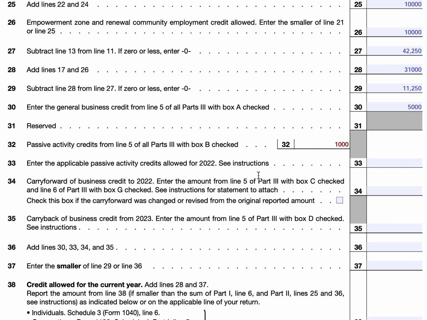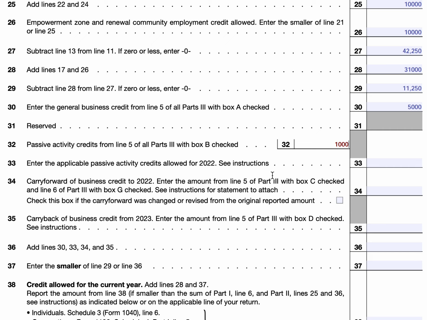In line 33, you're going to enter the applicable passive activity credit amount for small businesses that were allowed against tentative minimum tax, and eligible small business credits that were allowed on the respective passive activity credit form.